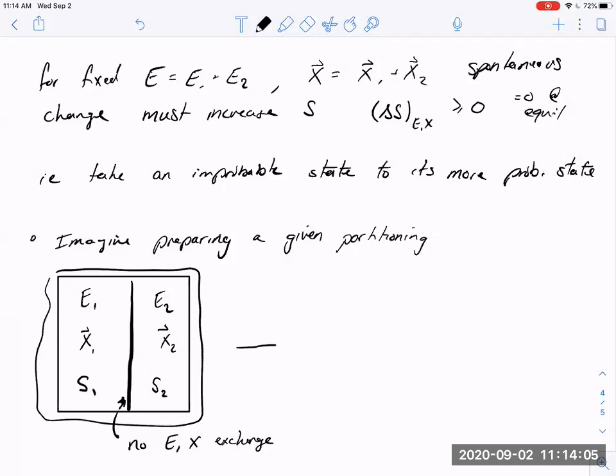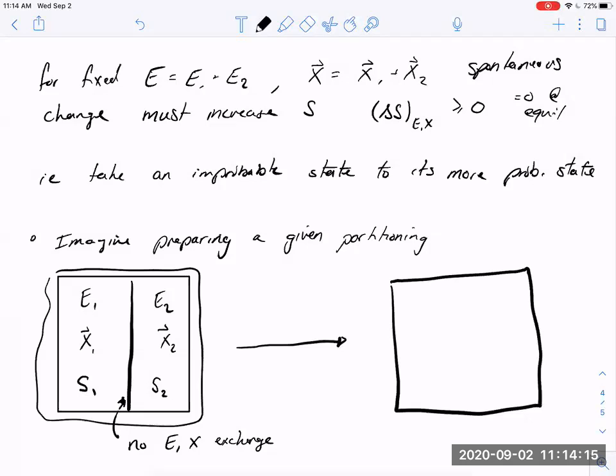Now let's actually take that partitioning, take that little wall I've introduced to allow for no exchange to happen, and open it up such that the energy can change. Let's allow heat to flow.